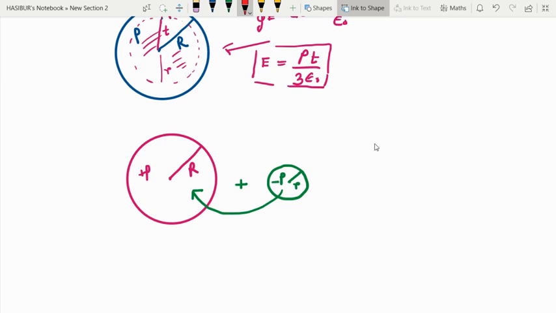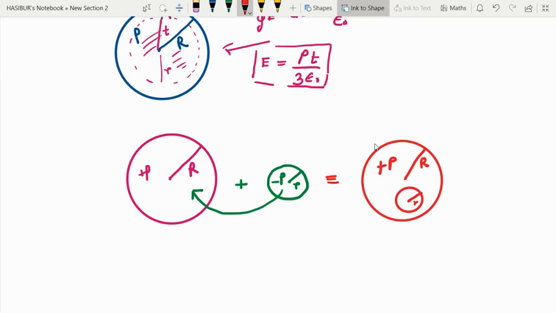Now if we combine these two spheres, the final result will be a sphere of radius capital R which has charge density plus rho everywhere except the place where the small sphere has been placed, which has radius small r.